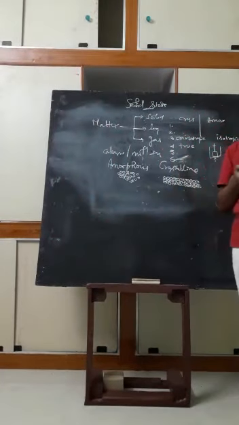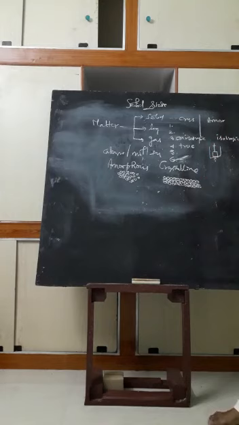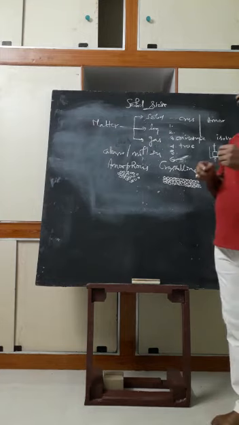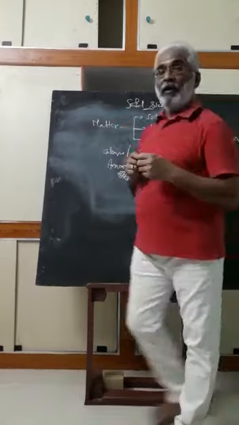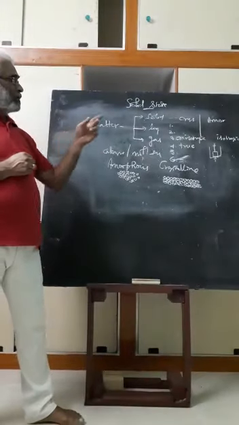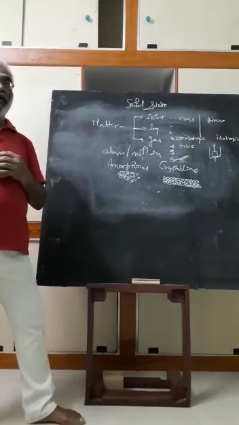A different value in a different direction means it is anisotropy. So crystalline solids possess anisotropy, whereas amorphous solids possess isotropy.